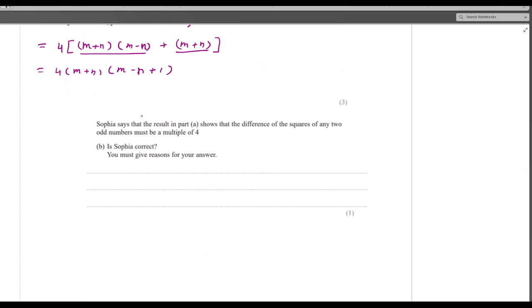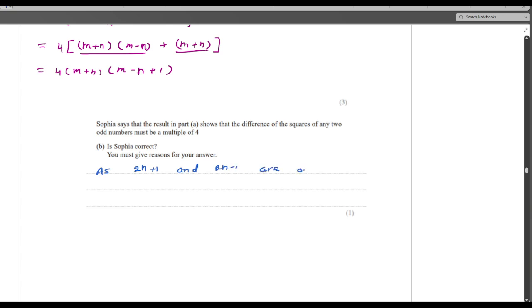As we can see in the above proof, I will say that 2m plus 1 and 2n minus 1 are odd numbers.